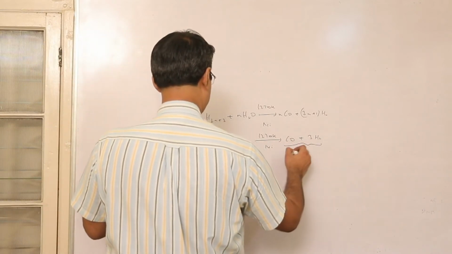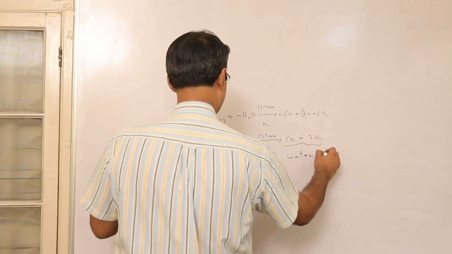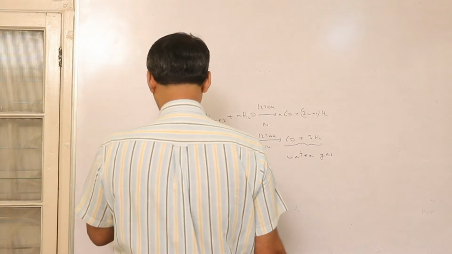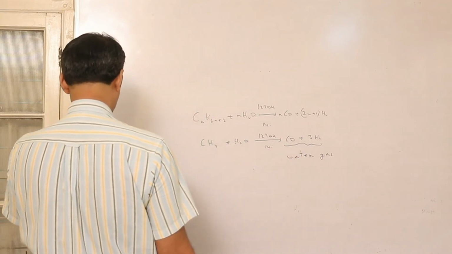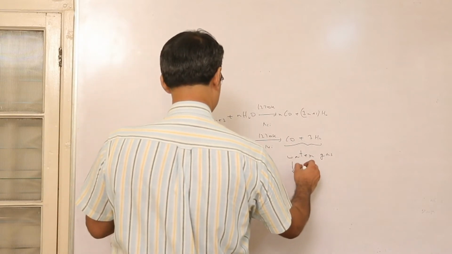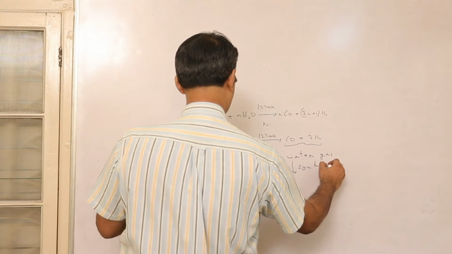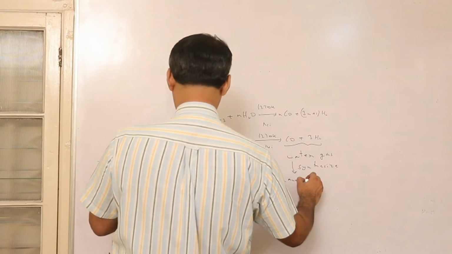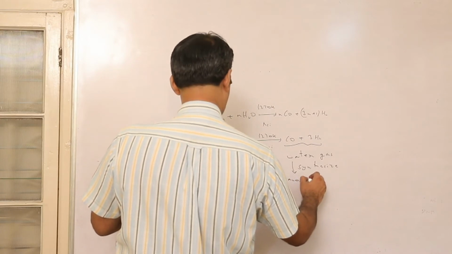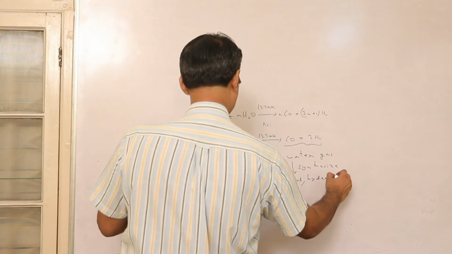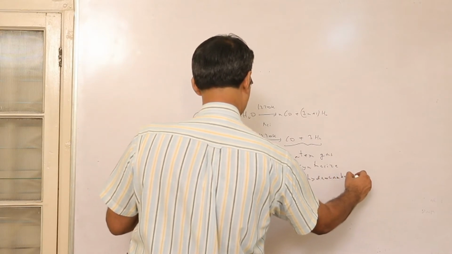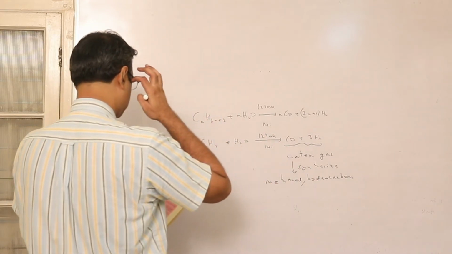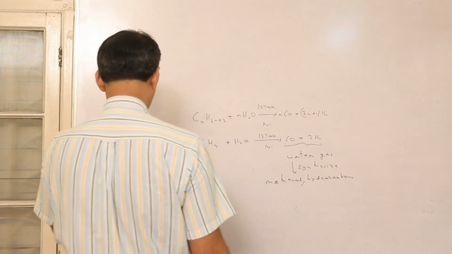At the end of the reaction, we get a mixture. This mixture is known as water gas. Now, this mixture itself is used to synthesize methanol and also a large number of hydrocarbons.